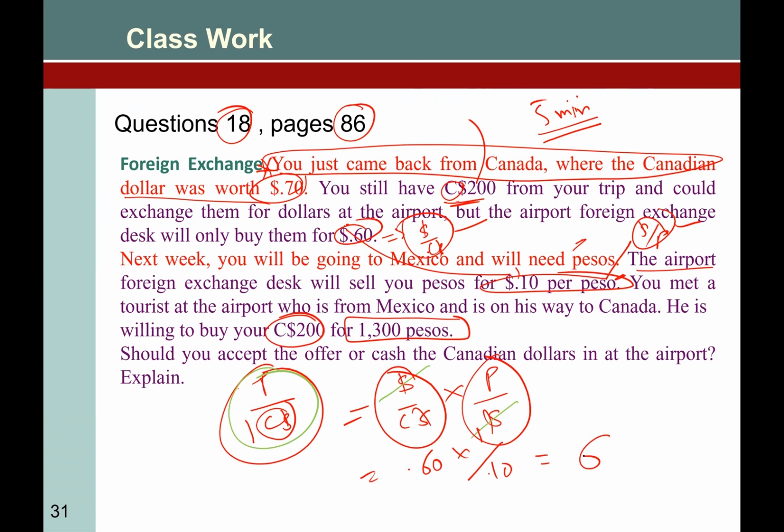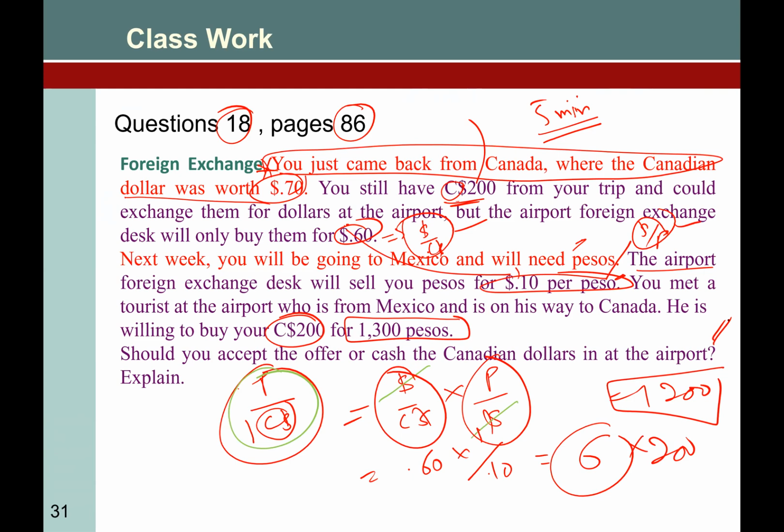So the cross rate suggests your 1 Canadian dollar is equal to 6 pesos. Multiply by 200, and fundamentally, if you convert your Canadian dollar into dollar and then into peso, you will receive 1,200 pesos.